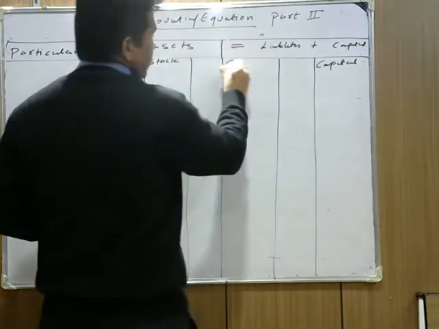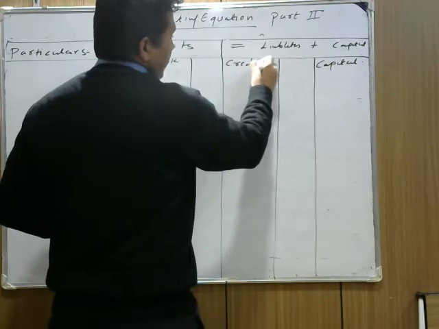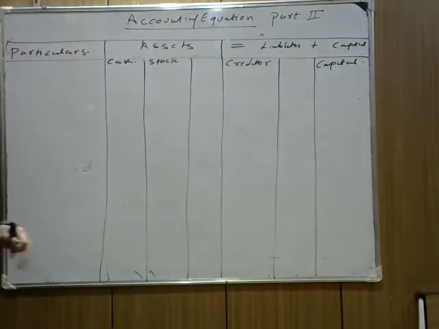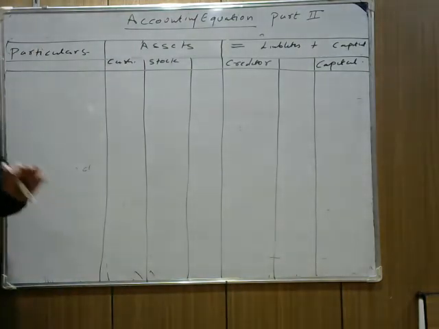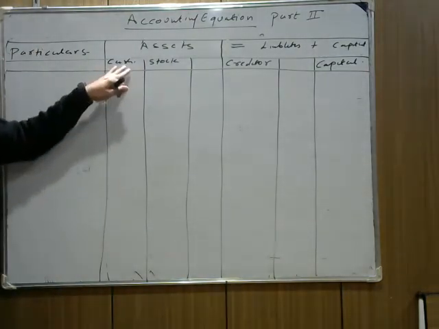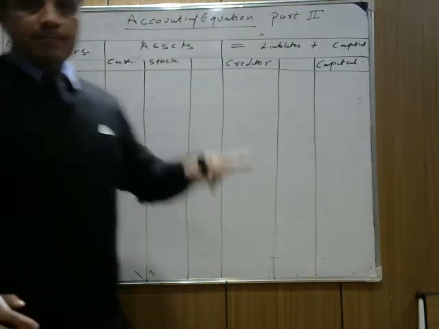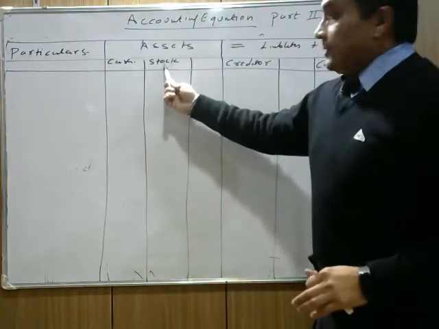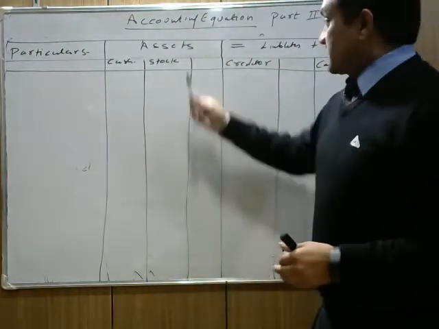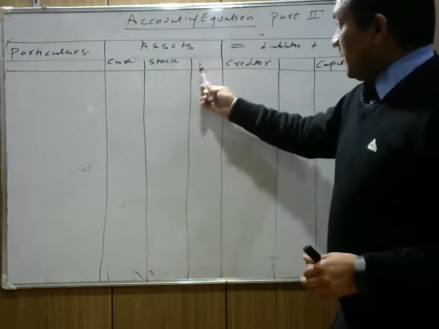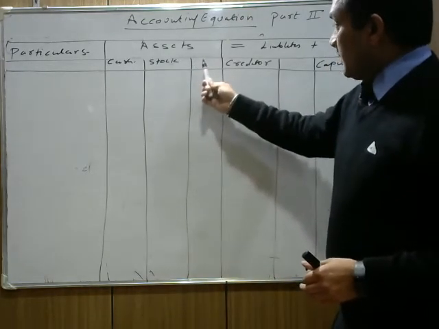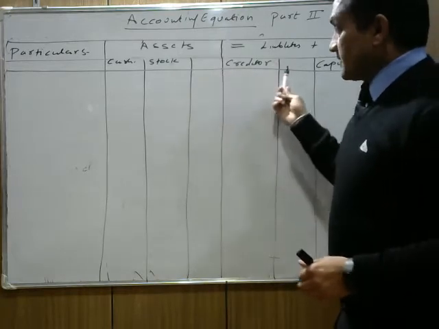The common liability is creditors. Asset is equal to liability plus capital. Cash and stock are mentioned in the question and are very common because in business we require stock. Then creditors and capital. Any transaction that comes, I'll leave a blank so that we can put it, similarly in assets as well as liabilities.